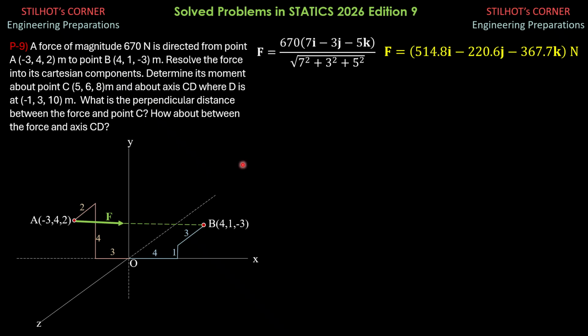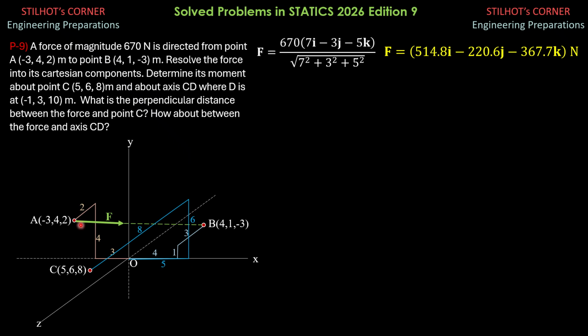So we have to locate point C first, which is at (5, 6, 8). So 5 rightward, 6 upward, 8 forward. So this is point C. And by scalar approach, we have to draw a box, and these points A and C here will be opposite to each other in a box.